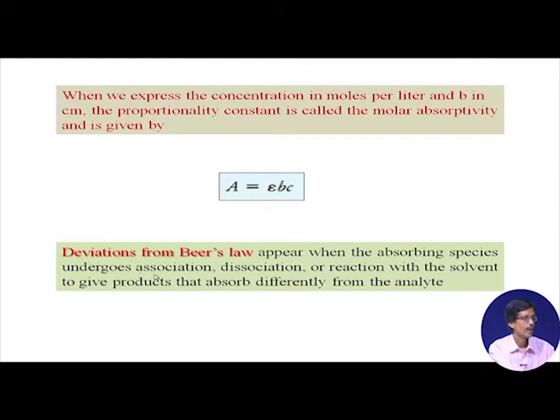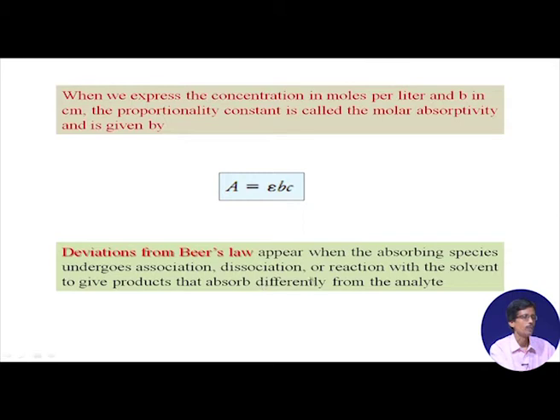That means, how can a deviation from Beer's law happen? If we are talking about some absorbing species X, it can go for association, that means X converting to X2 or X3. So, the species which is responsible for the radiation absorption will vary.